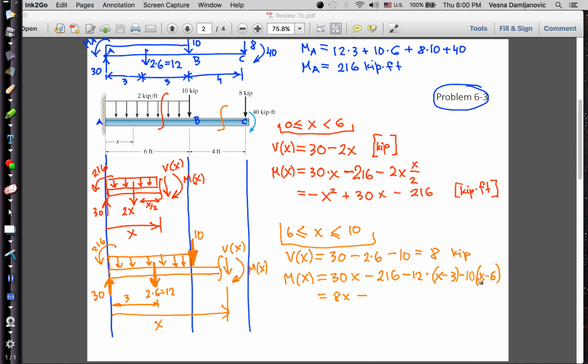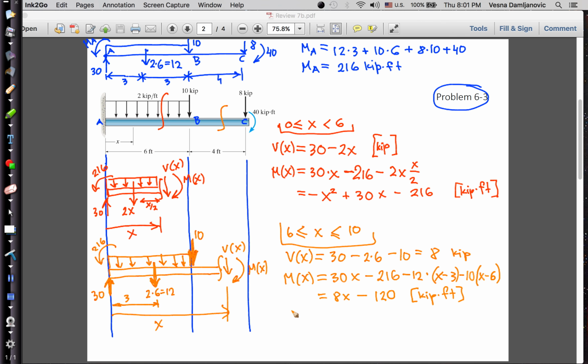So we have 36 plus 60 is 96. 96 to 100 is a 4, and 116, so it's 120. Okay, and that's our result. That's the function, and that is in kip times foot.